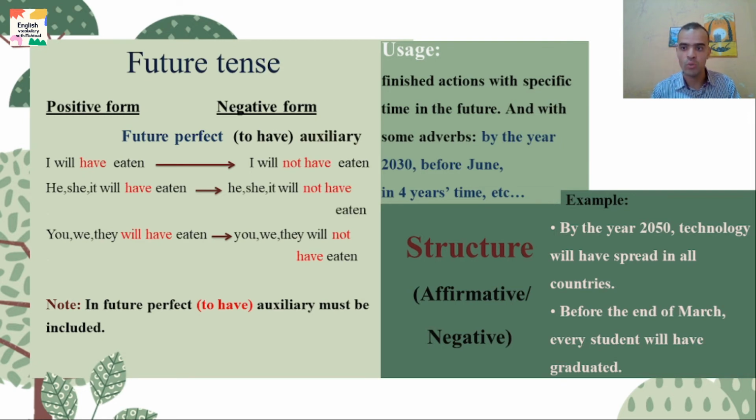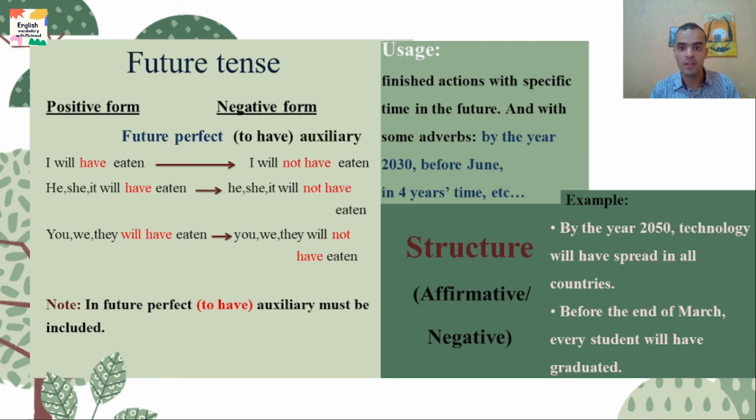So when we get to 2050, technology will have spread in all countries. It's like technology will be in almost all countries. So it's a finished, planned action which, experts predict, will take place in the future, and it will be done before 2050.